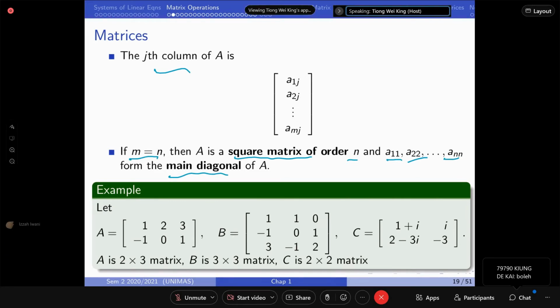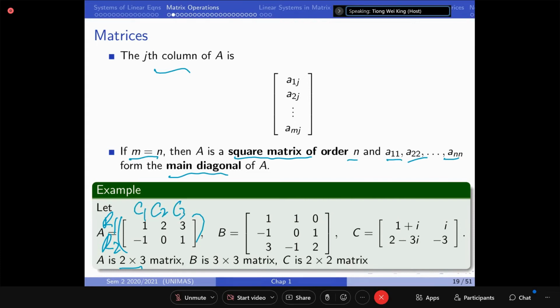Okay, for example here, let A be this matrix. So the size is a 2 by 3 matrix. 2 is the number of rows, row 1, row 2, and 3 is the number of columns, C1, C2, C3. So A is a 2 by 3 matrix, and B is a 3 by 3 matrix because we have 3 rows and 3 columns.